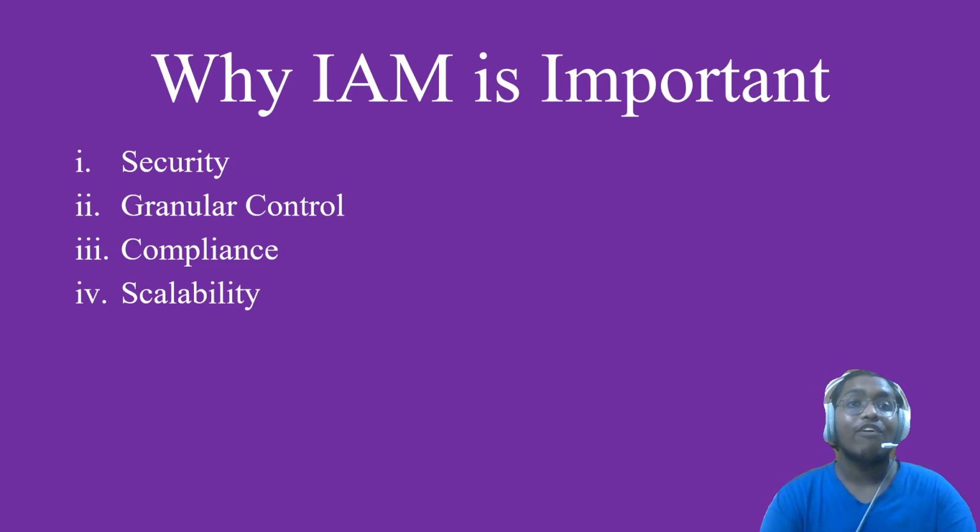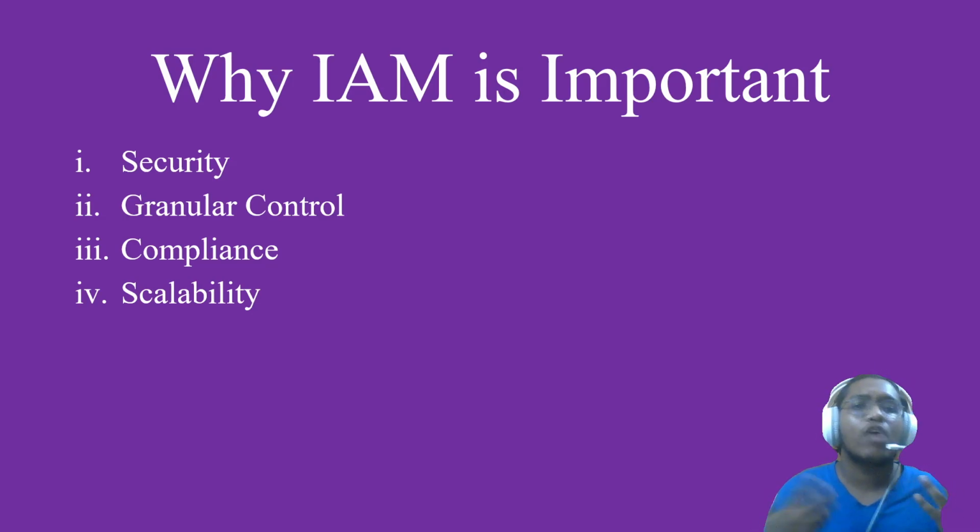Then we have compliance. For organizations that need to adhere to industry regulations, IAM helps ensure that access controls meet compliance requirements, providing an audit trail of who accessed what and when. You can compare this with Git.